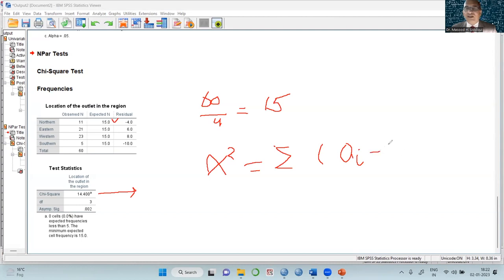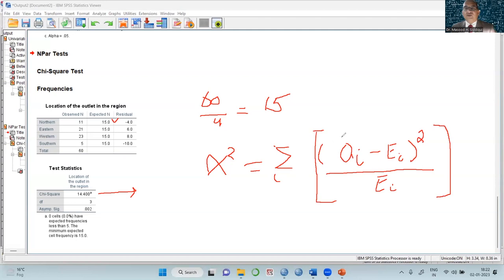So this is Oi minus Ei whole square, then we divide it by Ei. Here i runs from 1 to 4.